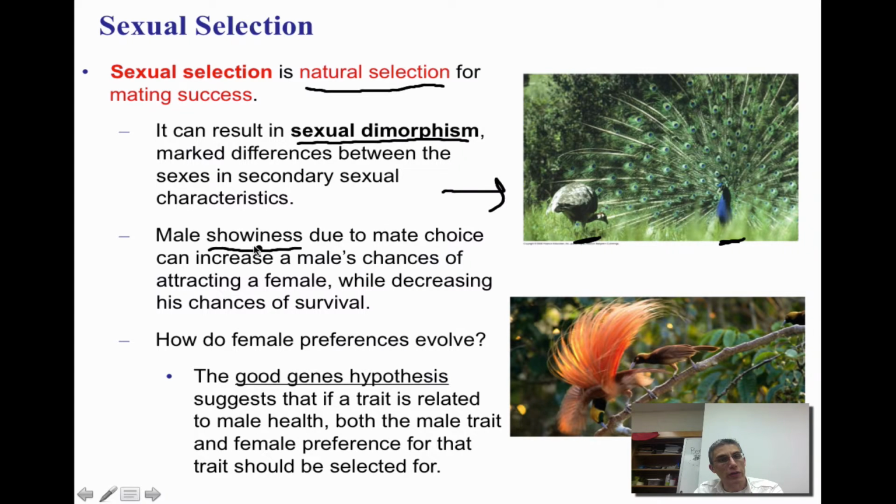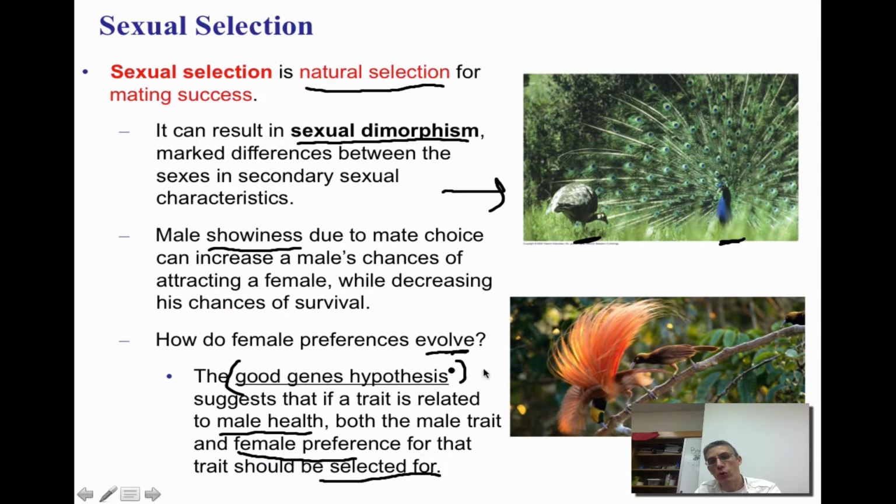So again, you got to think about this because male showiness is going to be something that's really important to attract that female, but unfortunately, to be that showy could possibly also decrease his chance of survival. So in other words, you have to think to yourself, how do female preferences actually evolve? Well, they have something called the good gene hypothesis. And what this is going to suggest is that if a trait is related to male health, both the male trait and the female preference for that trait should be selected for in that population.